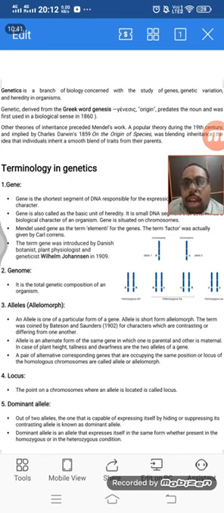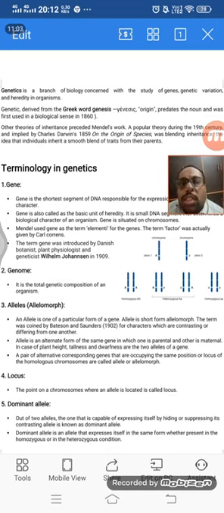They found that long before them, one person had come to know about this. He published it, but it was not accepted by the scientific community, so his theory was rejected.